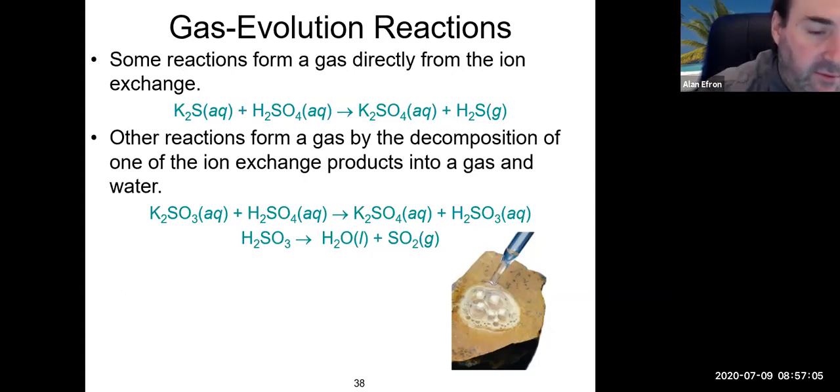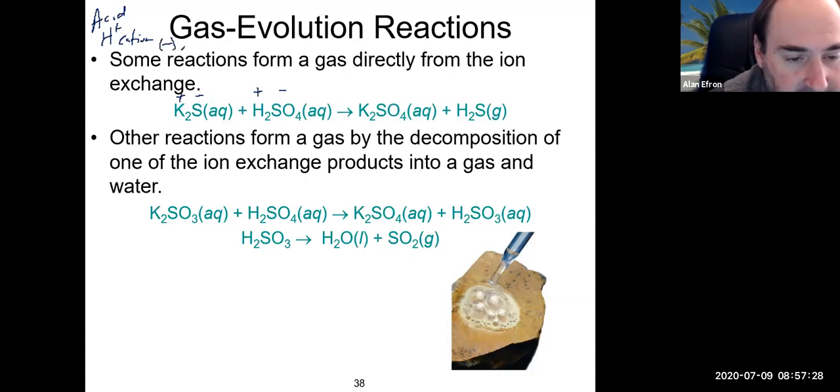In the first one, we take some K2S, potassium sulfide. Just to show you it's a double displacement, that's a positive negative compound. Our H2SO4, which is sulfuric acid, is also positive negative. Remember that an acid is really H plus as the cation, and some type of negative anion.